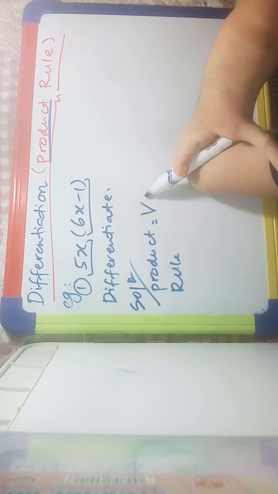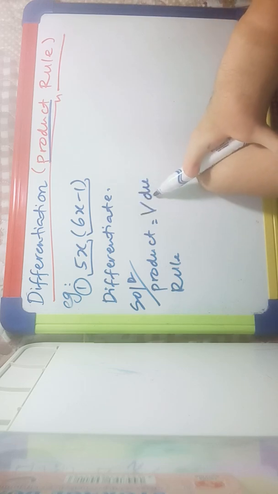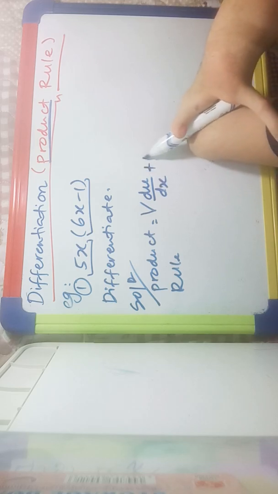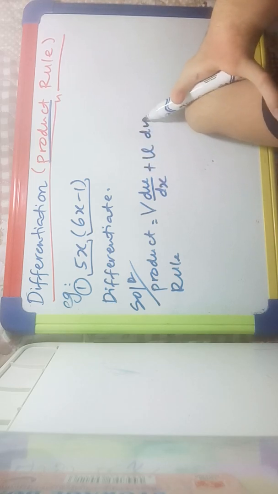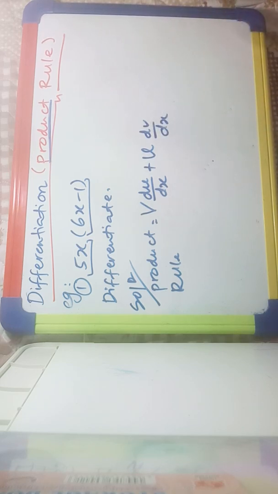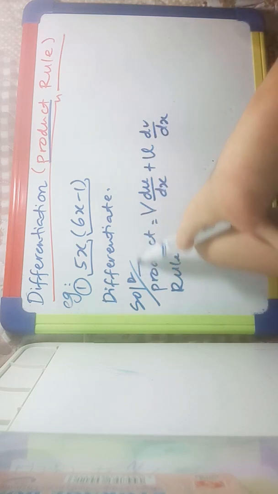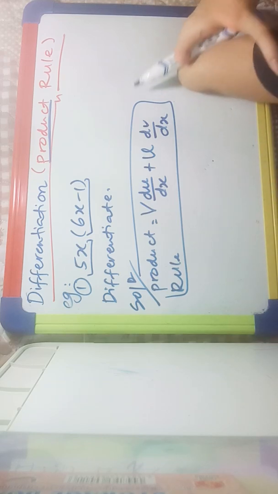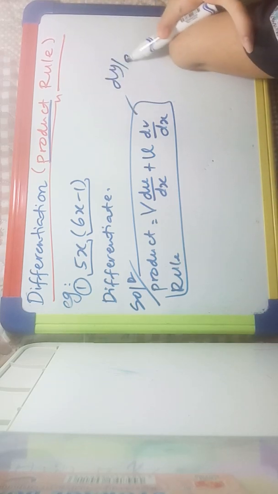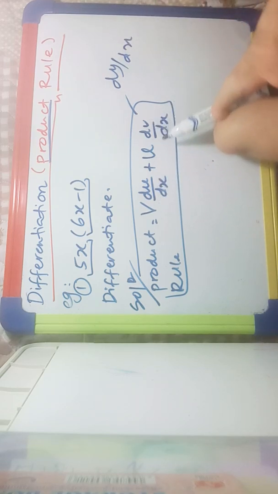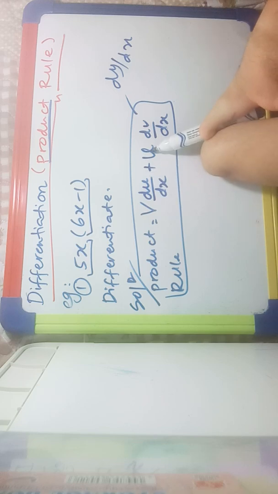The product rule formula says dy over dx is equal to v du dx plus u dv dx. So this is the product rule formula. Where do this v and this u come from?